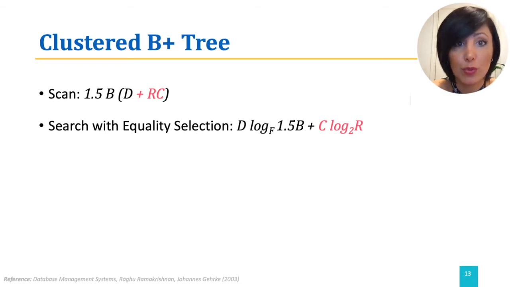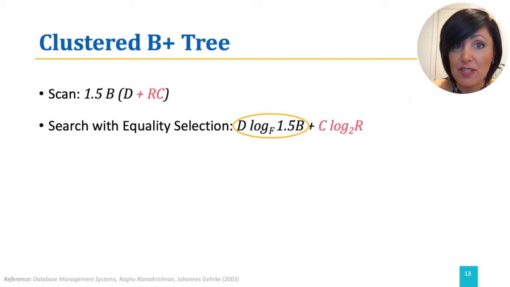Starting from the root and going towards the leaves, traversing the length of the tree is required, which depends on the fan-out F, which is the number of children in non-leaf nodes. Locating the first page, therefore, will take log base F of 1.5B. Therefore, D times this value provides the I/O cost.